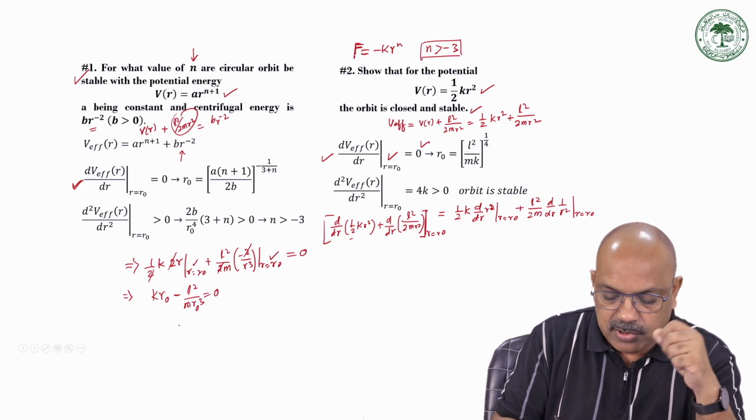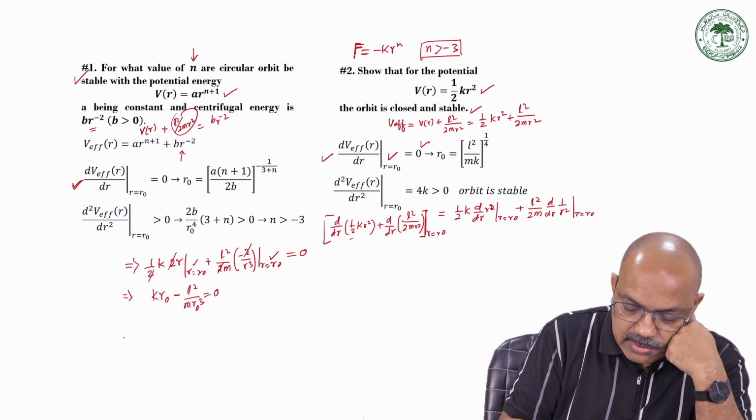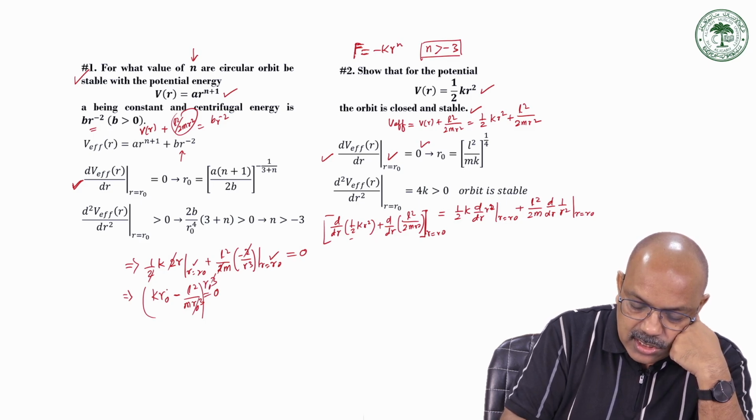So from here you can get the value of r naught. If I multiply this with r naught cube, this r naught will cancel out, and then you have r naught to the power 4.